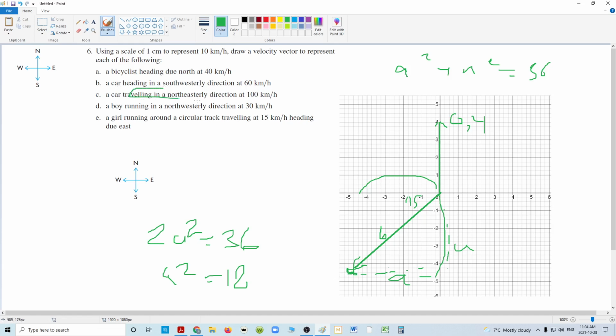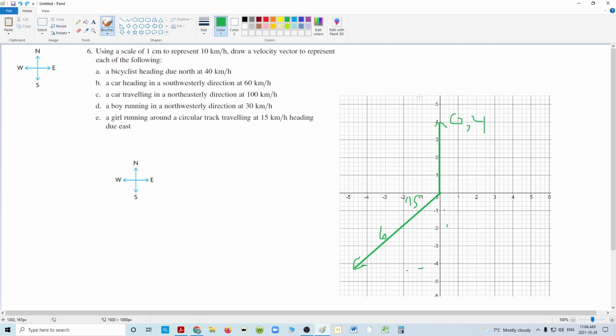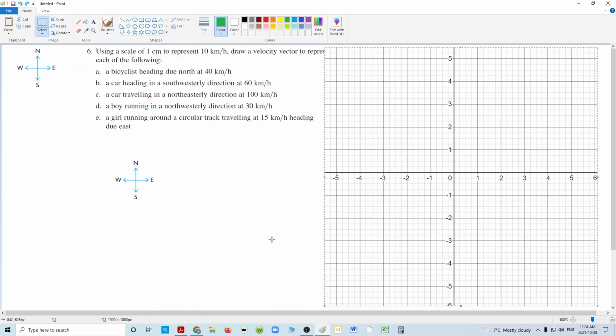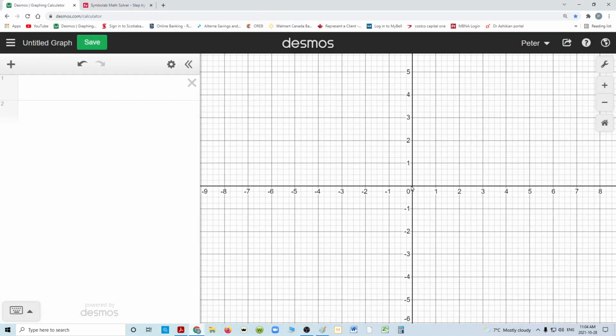Okay, car traveling in the northeasterly direction at 100. So I don't have it long enough for 100. That would be 10 units. But I could roughly do it. You could also do it over here on Desmos. So again, if I want to go northeast, I know that 100 is equal to 2A squared.